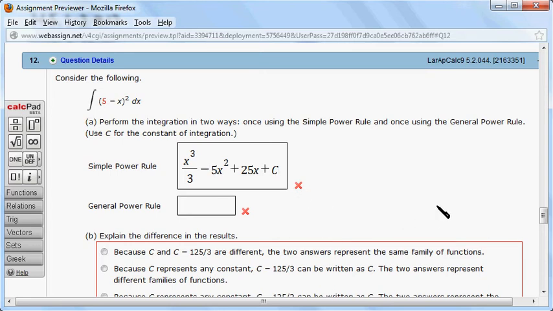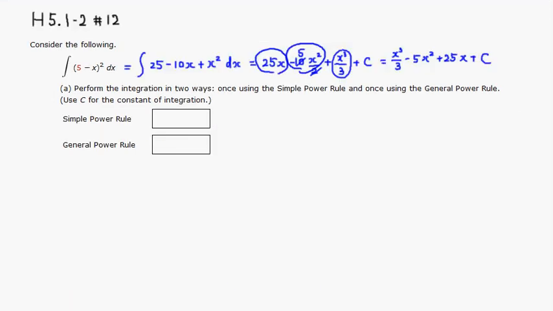Now let's use the general power rule, so let's go back. We want to use the general power rule, so substitution. Let u be 5 minus x. Then take the derivative of u with respect to x, which is negative 1.